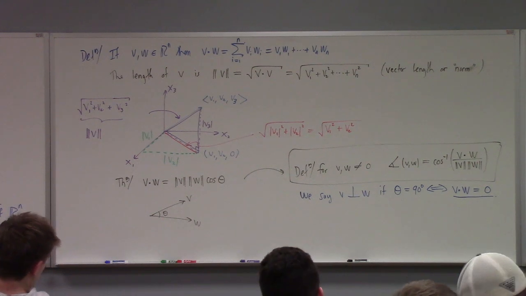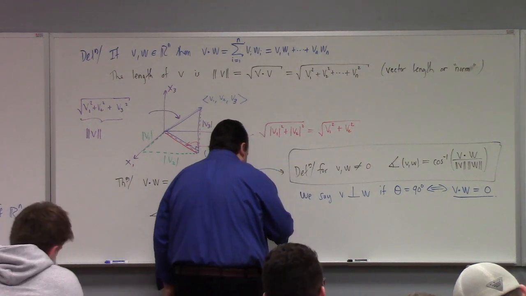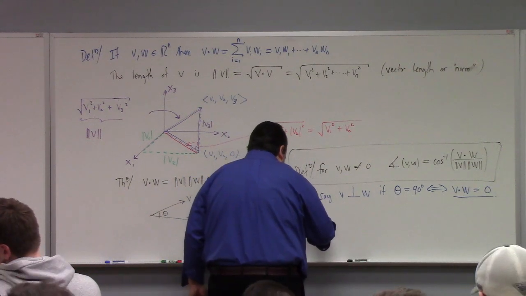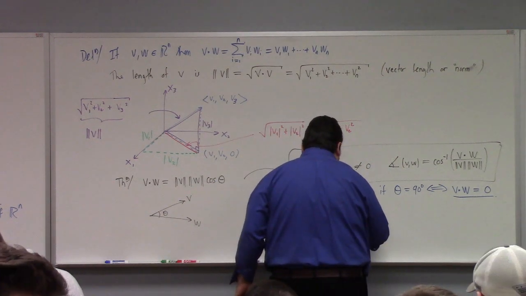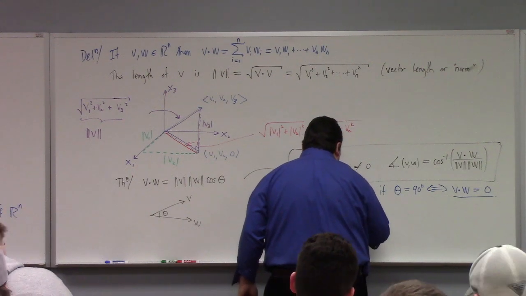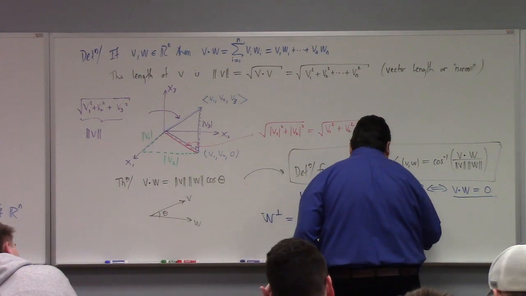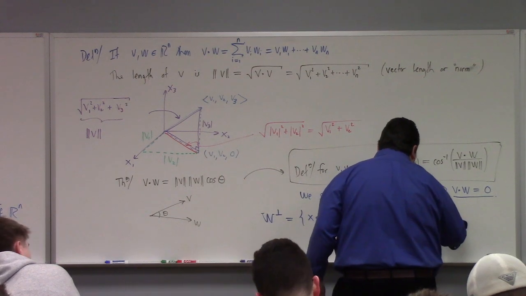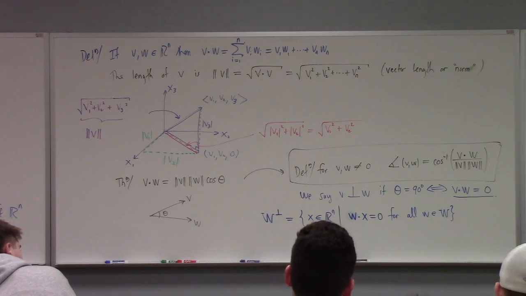Finally, one last thing in this diatribe of geometry is we can define the perp to a subspace. Like the perp to W, what that's going to be is all x in Rn such that x dot W, let me do it the other way, W dot x, it doesn't matter, the dot product is commutative by the way, W dot x is equal to 0 for all W in big W. So this is the perpendicular to a subspace.